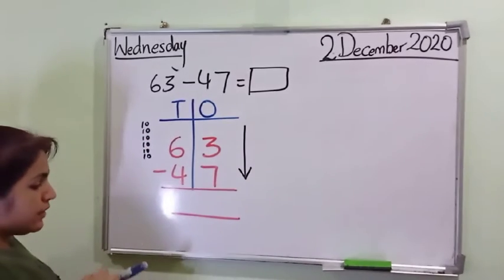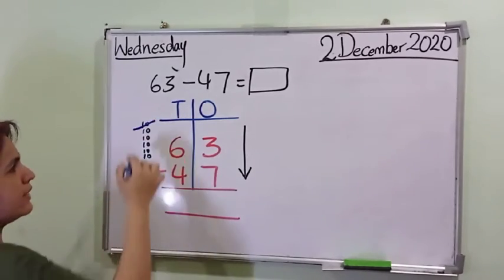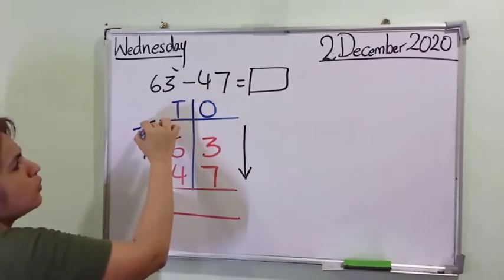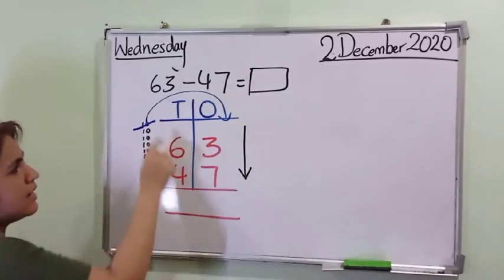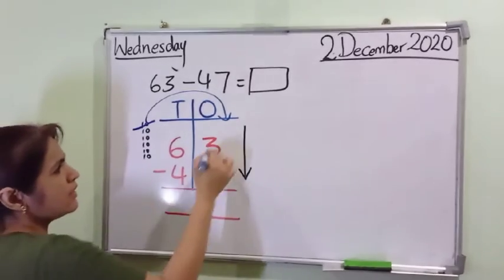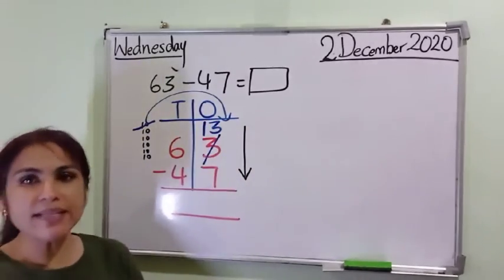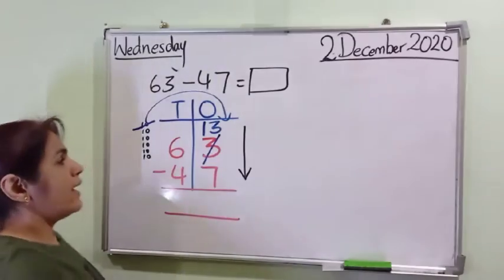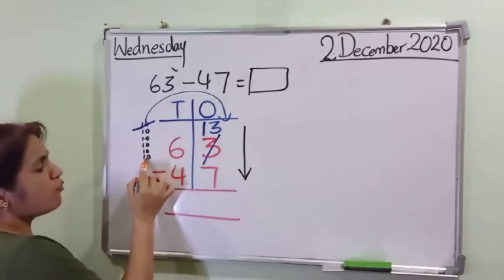So when you are borrowing, you have to strike 1 ten. It is going to go over ones place. So this 10 plus this 3 is going to become 13. The new number is 13. And here you're going to count 1, 2, 3, 4, 5.